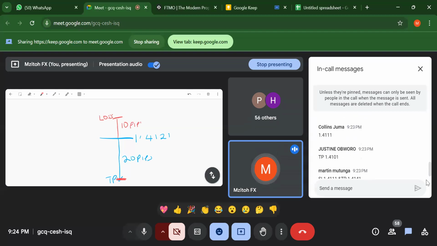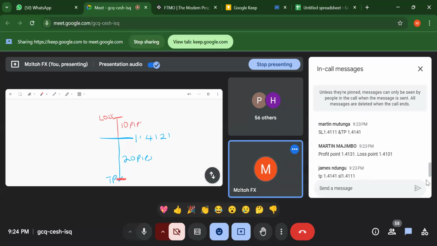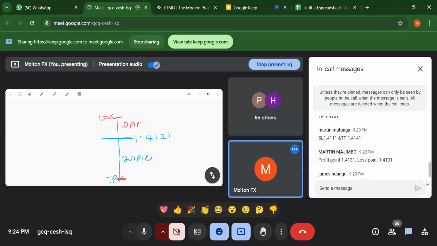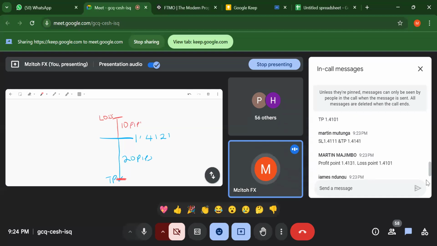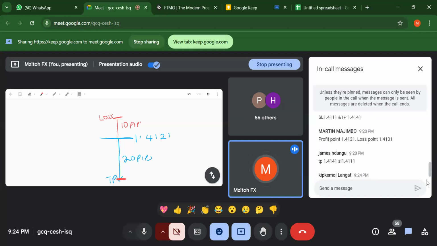Collins Obura, I think, are you new? The TP is correct. Martin Matungu, SL 4141 is wrong. Majimbo, profit 1.4131 and loss 4101, correct.